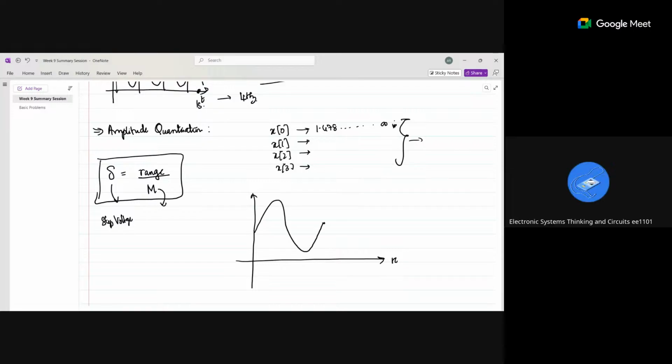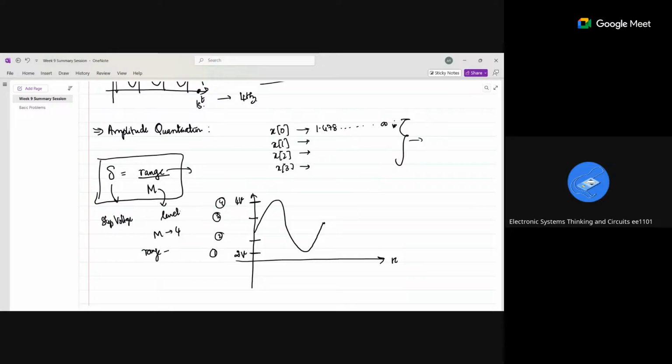Yes, it's the number of levels. And range is the range of the input that I am feeding. Let me say my input is in the range of 2 volts to 4 volts, and I'm going to discretize it into 4 levels: first level, second level, third level, and fourth level. So my m is 4.